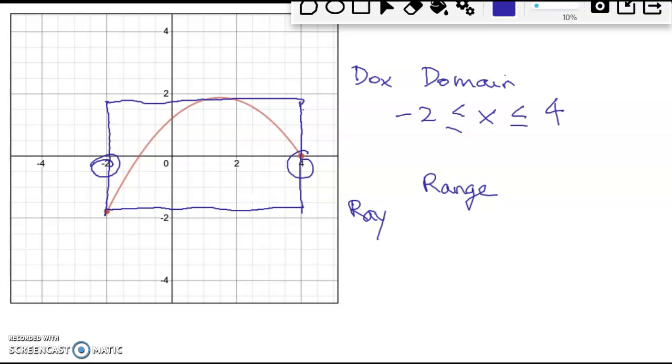This is 2 here, so this is 1 here. So this is 1.5, so maybe 1.7. So -1.7. And the biggest number is probably about +1.7. And we're talking about range, so it's the y in the middle, inequality opening to the right. Great.